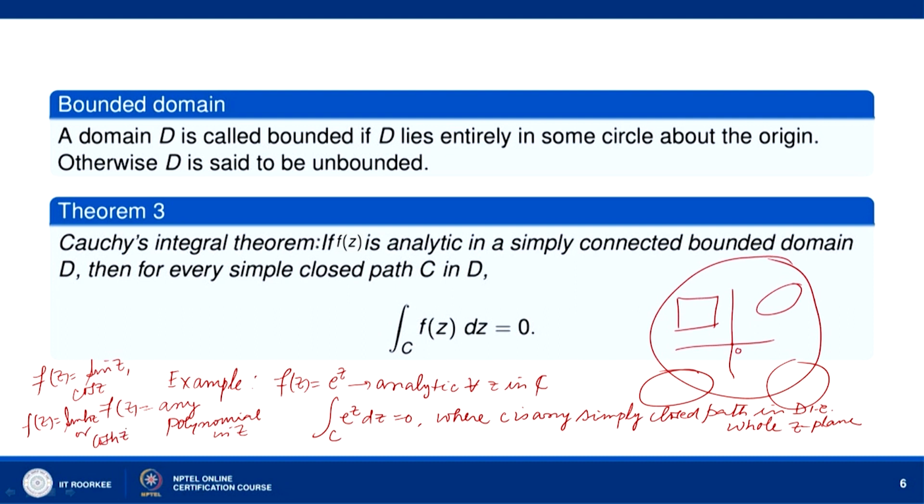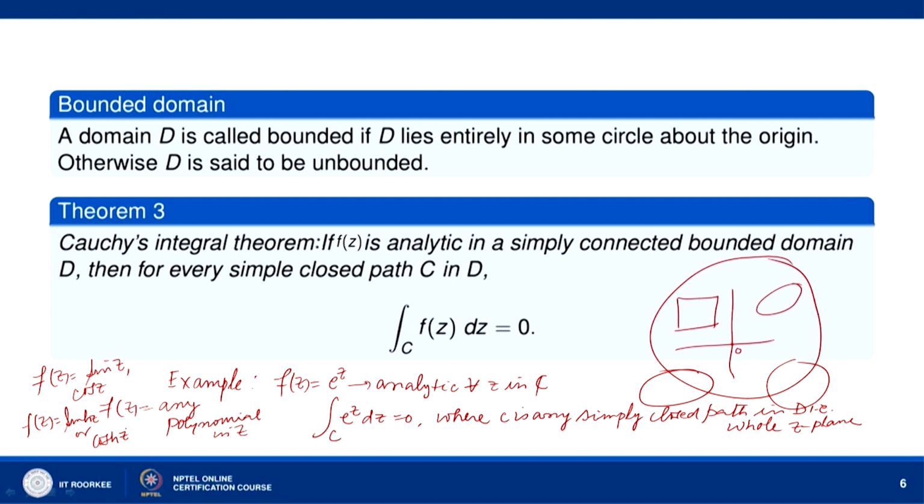They are all analytic functions for all z, and so the integral of f(z) dz will be 0 along any simple closed curve in the complex plane for these functions. So, this is a very powerful result.